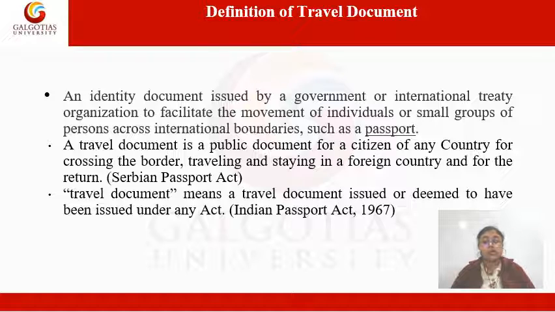In future it can very well happen that a passport no longer remains a travel document, and in place of the passport some other document takes its place. So it has not tried to circumscribe and compulsorily stick to the passport. It has said that any such document which has been issued to the individuals of that state under any act dealing with this subject matter may be considered a travel document if the document has been made only for the purpose of traveling transboundary.